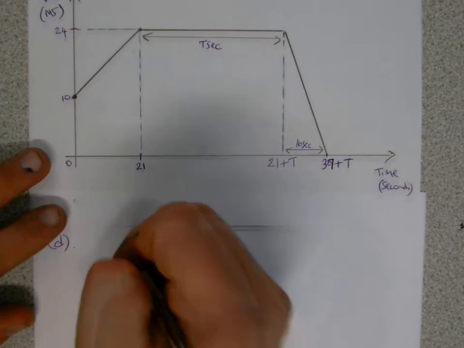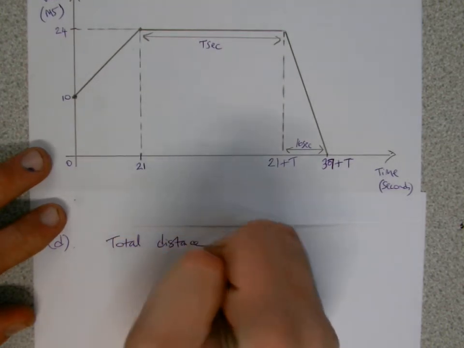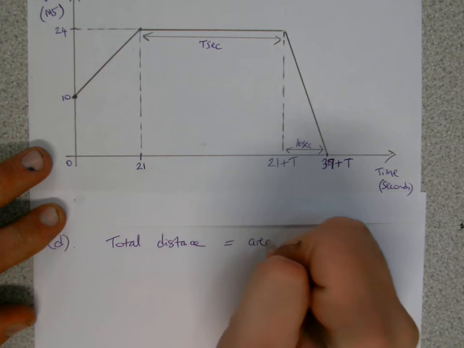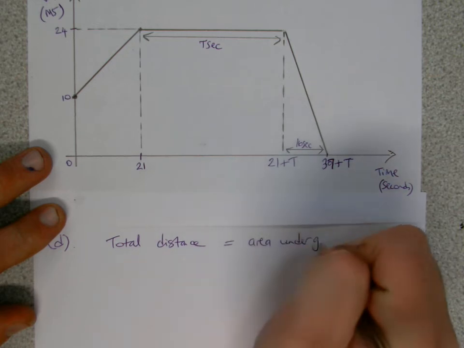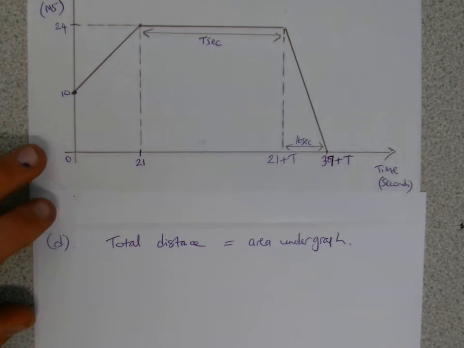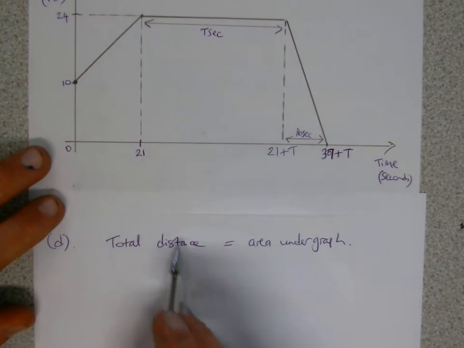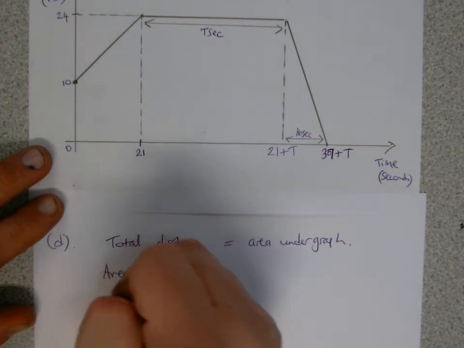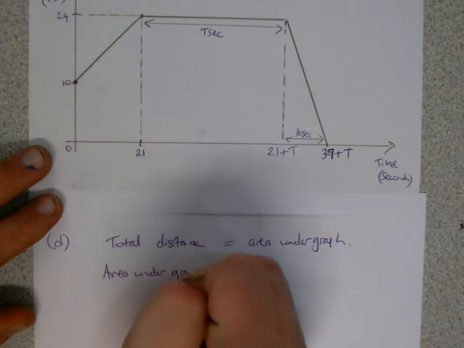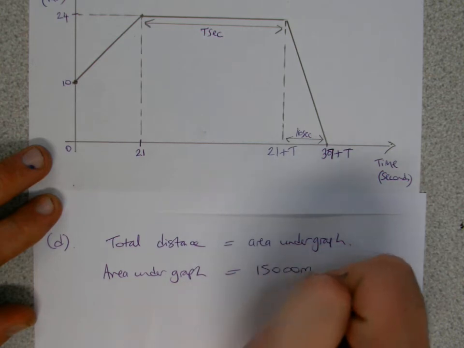But remember, total distance is quite simply the area under the graph. So the area under the graph is what we want to work out. The good thing is, we know total distance is 15,000 meters. So we can say the area under the graph is equivalent to 15,000 meters.